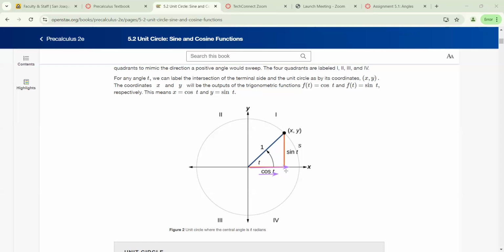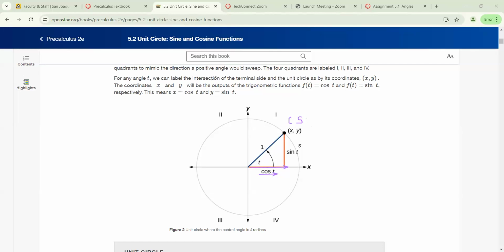The cos t is this way and sine t is this way. So the x value right here would always be the cos, and the y value would always be the sine here. So if you take a look, this is a right angle triangle, and this is a unit circle, we call it, because this radius is 1 unit marked here.